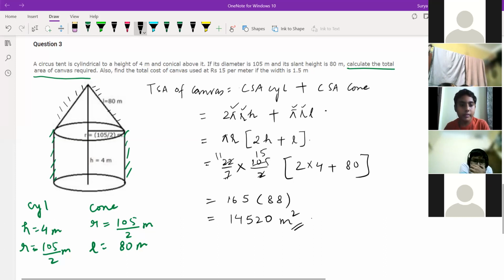Now you are having doubt: find the total cost of the canvas. This you are not understanding, right? What is width here?